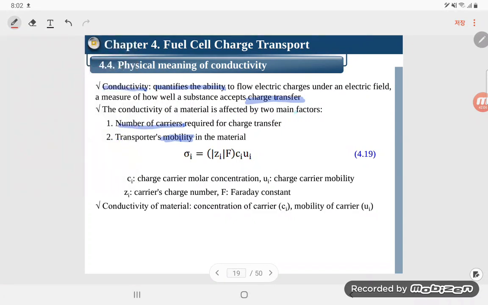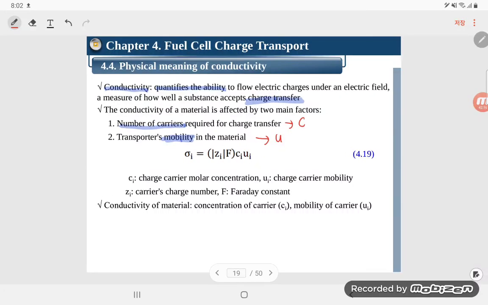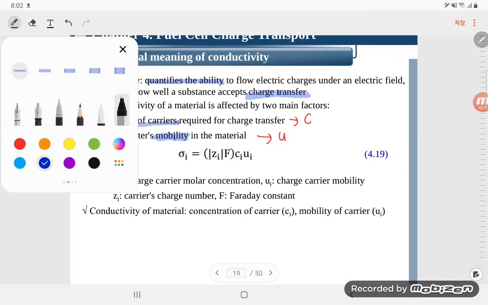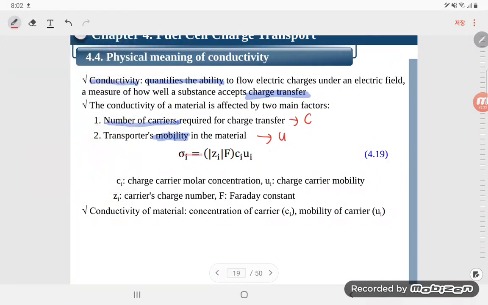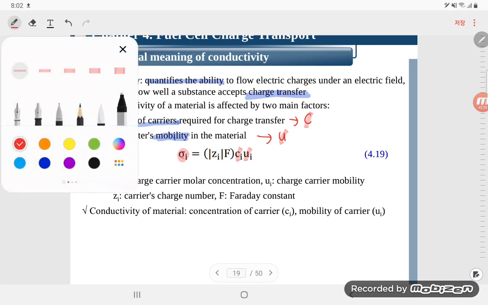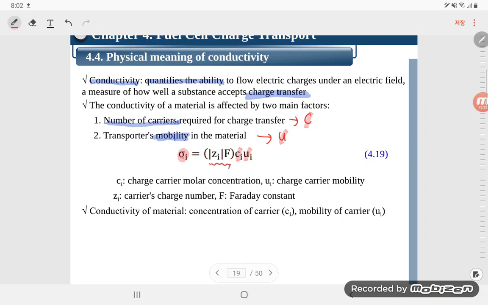We denote the number of carriers as the concentration, C, and the mobility, from now on, we use U. Then the conductivity is proportional to C and U, and in front of that we multiply ZF.